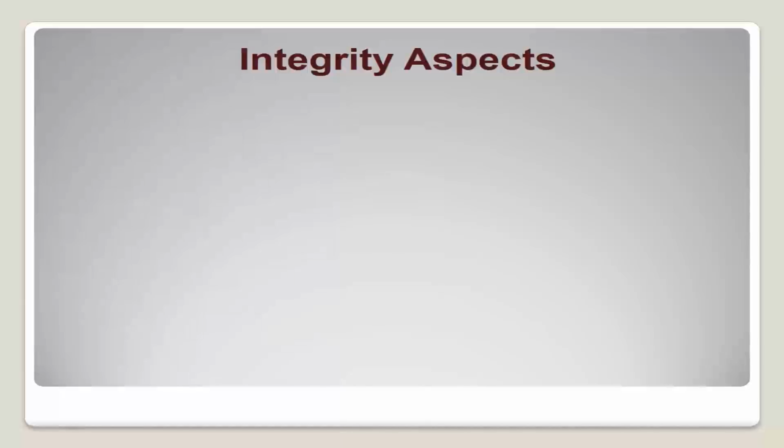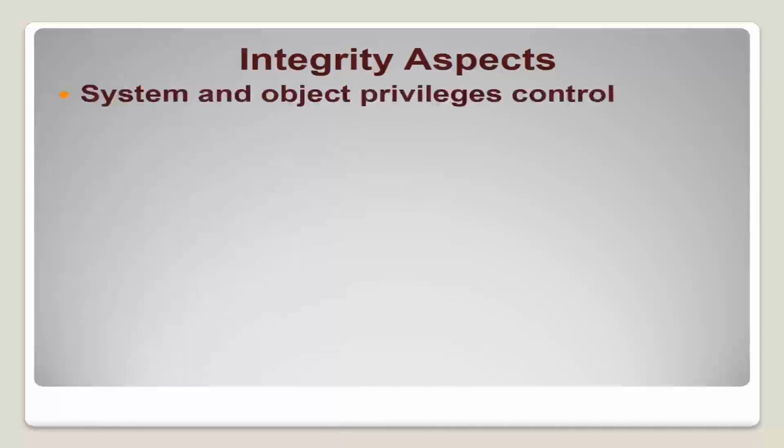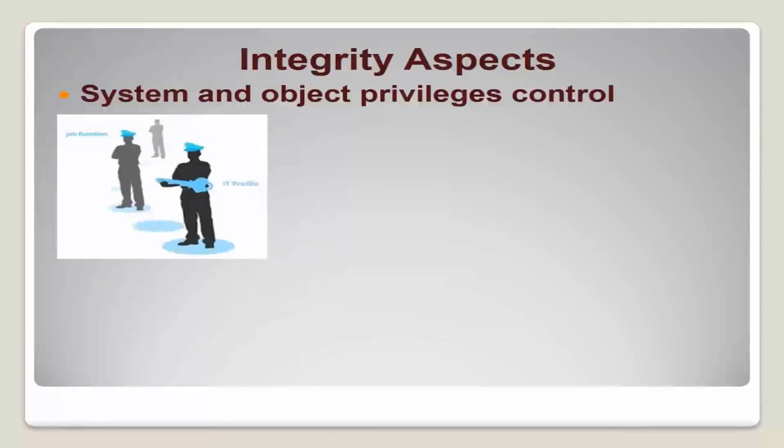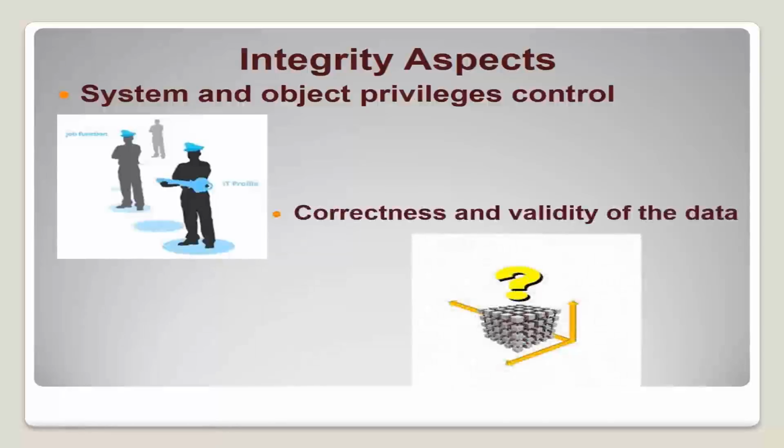First aspect of integrity is system and object privileges. System and object privileges control access to applications, tables, and system commands so that only authorized users can change the data. Second aspect of integrity is integrity constraints. These integrity constraints are applied to maintain the correctness and validity of the data in the database.